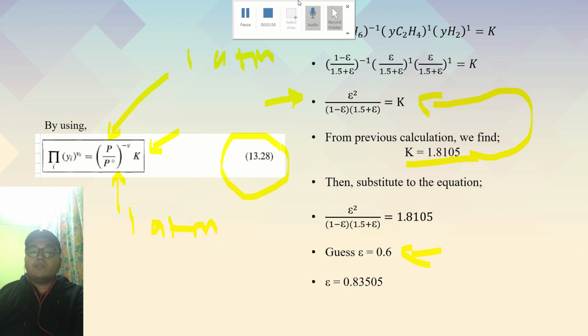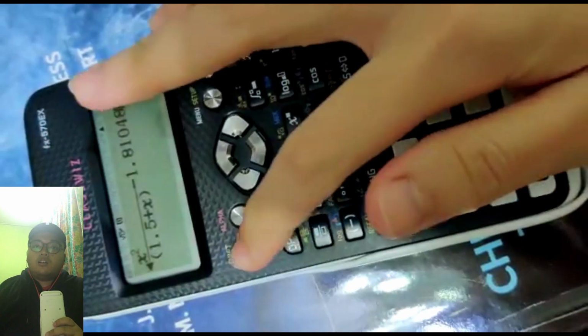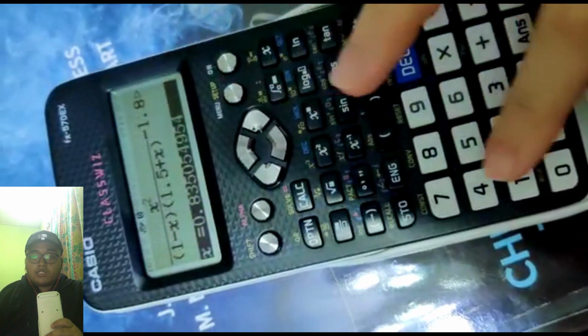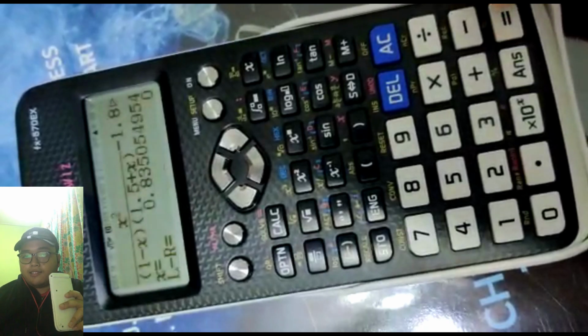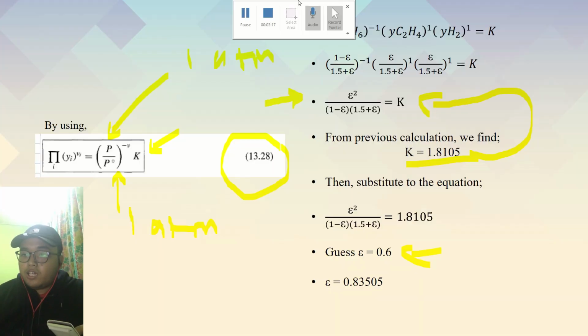You can put any value, it doesn't matter. After that, we use the calculator's shift solve method to find the actual value of the reaction coordinate, and we get 0.83505 for this problem. So that's all for me. We can move to the next member.